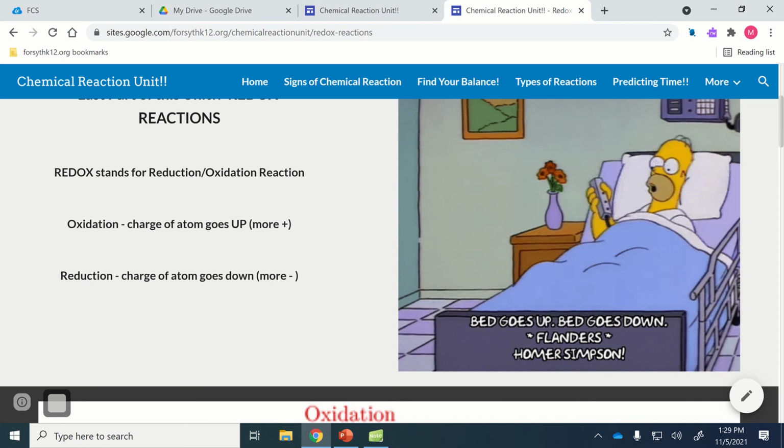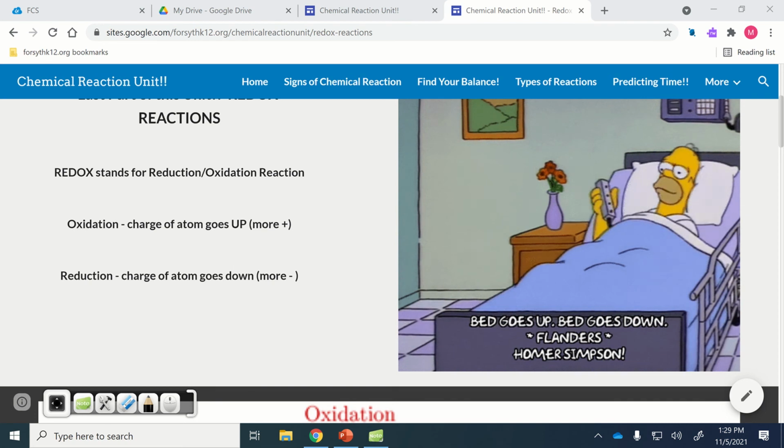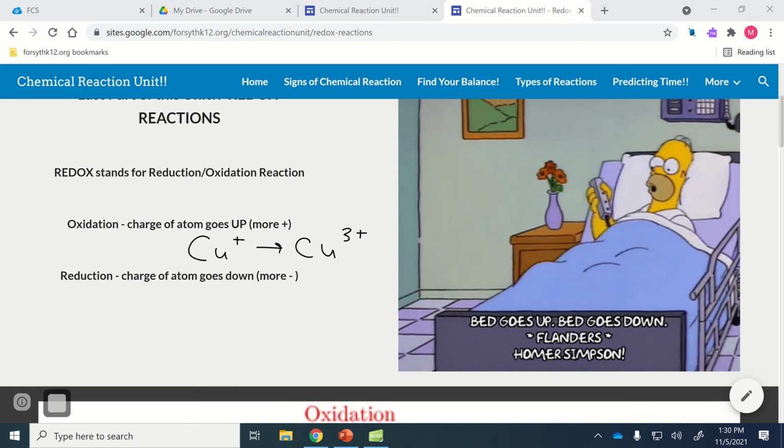Now again, you got to be careful with this, because we might have situations where you might have an atom go from Cu+ to Cu3+. We should see clearly that it's being oxidized. The charge of it is going up.